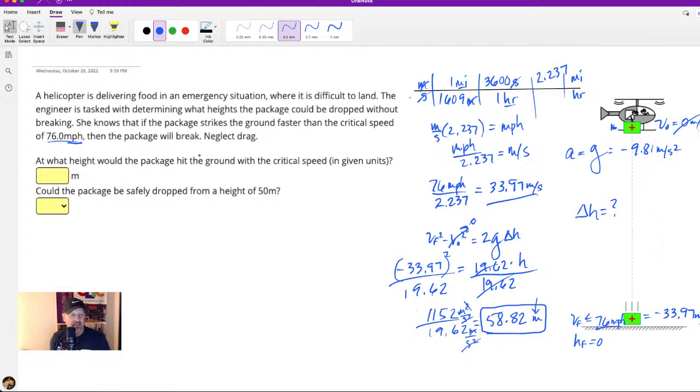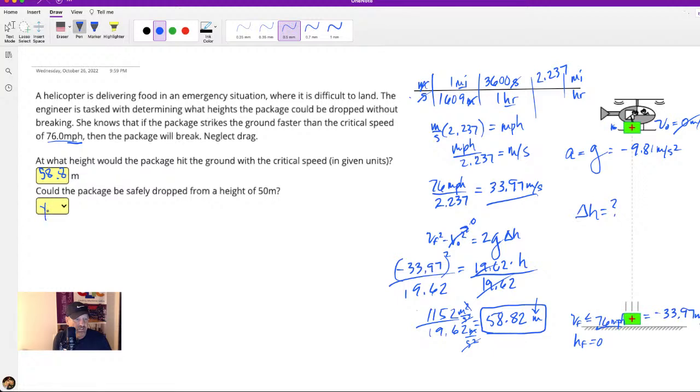So our height would be 58.82. So 58.8 meters.